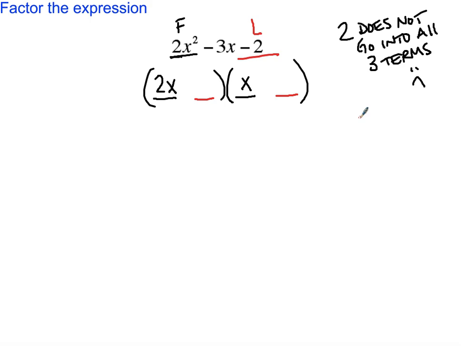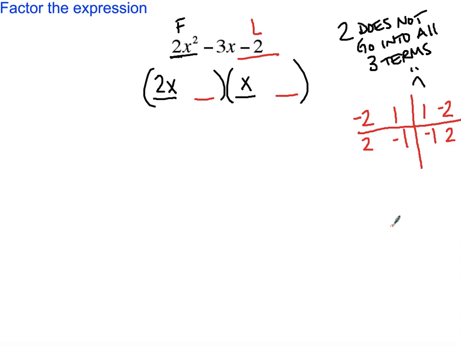So the only options would be a -2 and a +1, a +2 and a -1. And just remember the order could switch. So the 1 could go first and the -2 could go second, or the -1 could go first and the 2 could go second. These are all the different combinations.